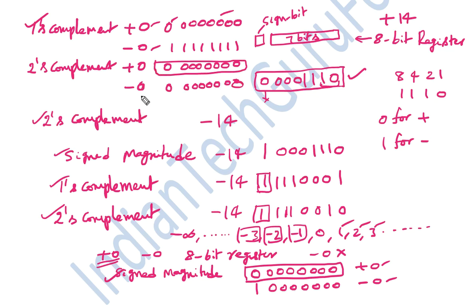That is why we prefer twos complement representation for integer arithmetic in computer systems. That is the key.